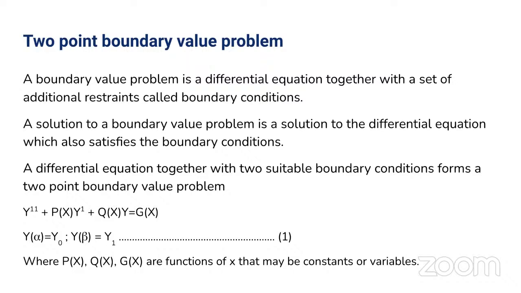Okay, so a boundary value problem is a differential equation together with a set of additional restraints called boundary conditions. Okay, so you have a differential equation, and of course you have other restraints that are called the boundary conditions. The solution to a boundary value problem is a solution to the differential equation which also satisfies the boundary conditions.